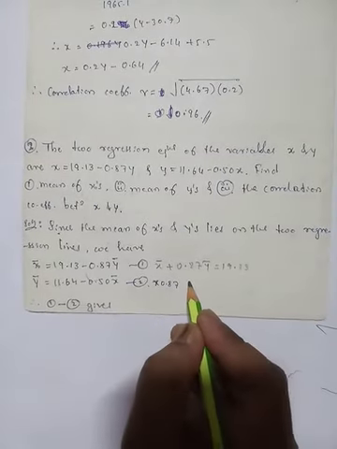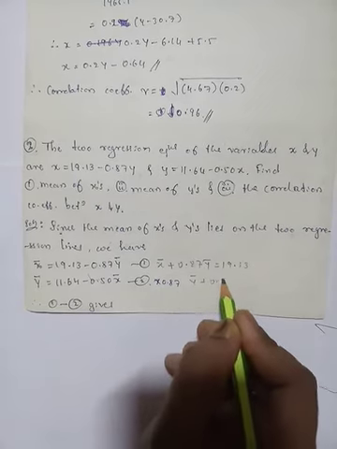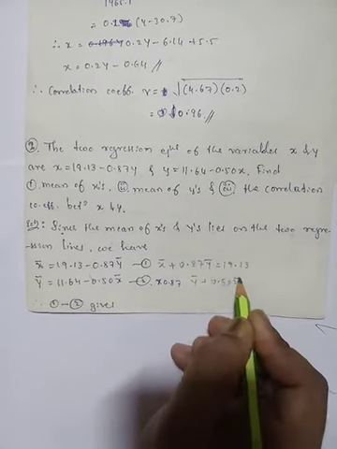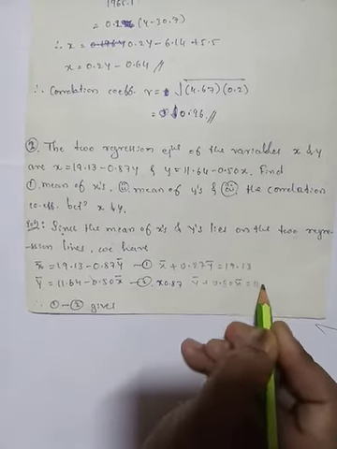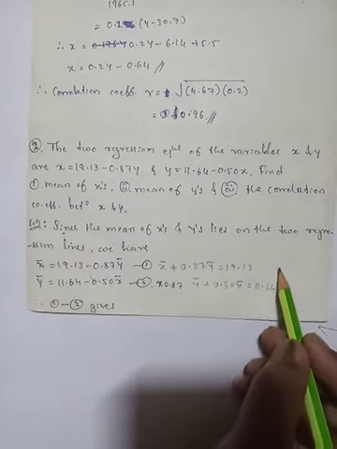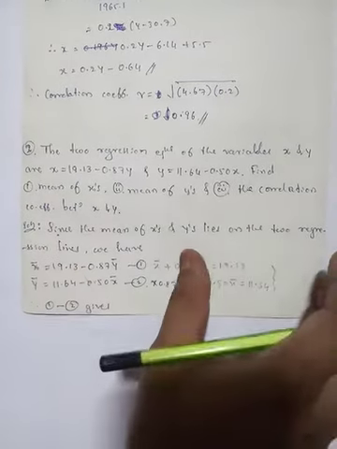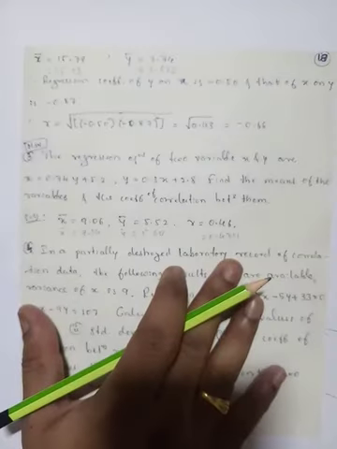Similarly, this equation we can write as y bar plus 0.50 x bar equals 11.64. Writing in this form, we solve these as simultaneous equations, then we get the values of x bar and y bar.